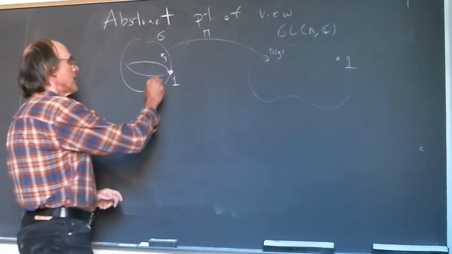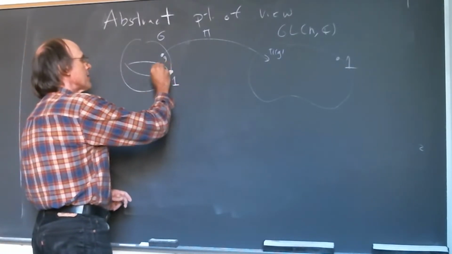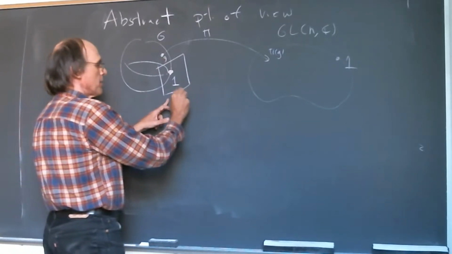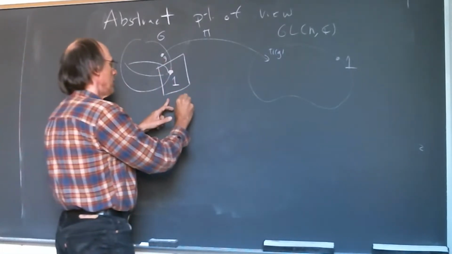And so what you do is you take the tangent space at the identity, and I'll say more about what that is.